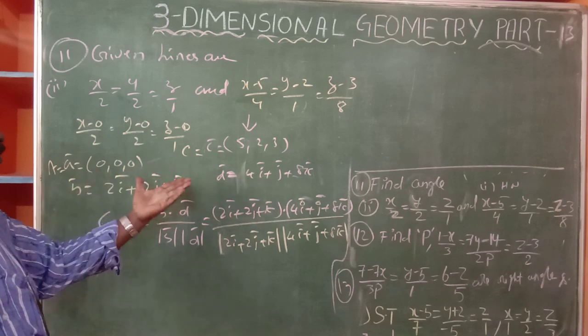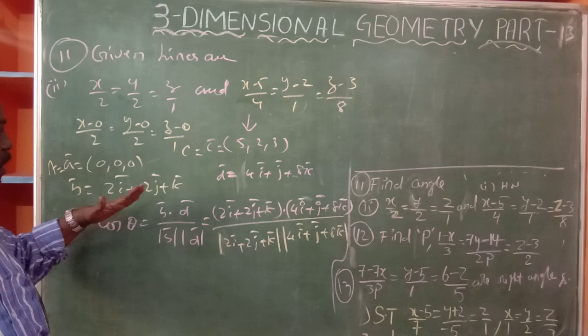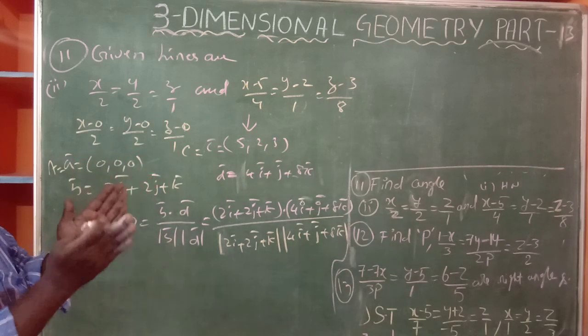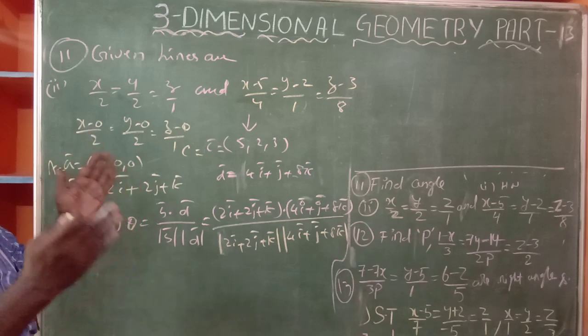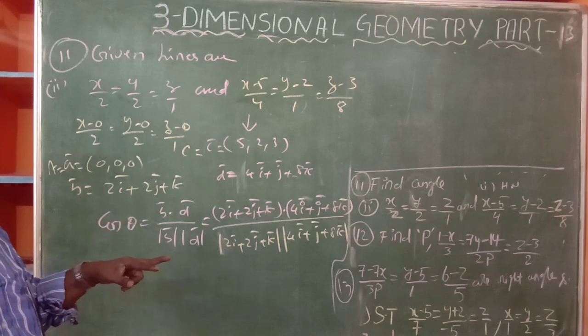So these two lines for which we are finding the angle: the first line is parallel to b bar, the second line is parallel to d bar. If the lines have the angle theta, then the angle between the vectors is also theta, the same, because they are parallel.